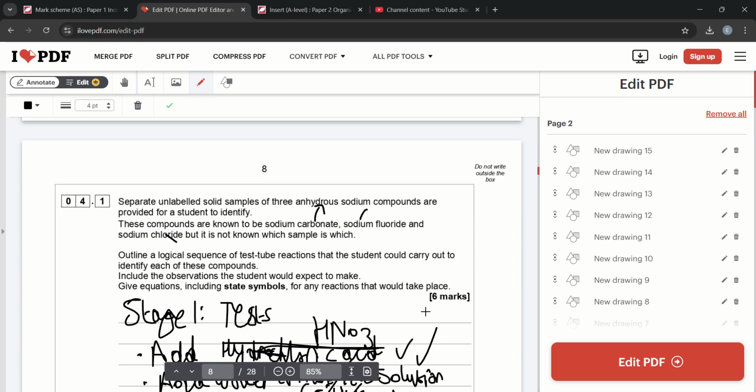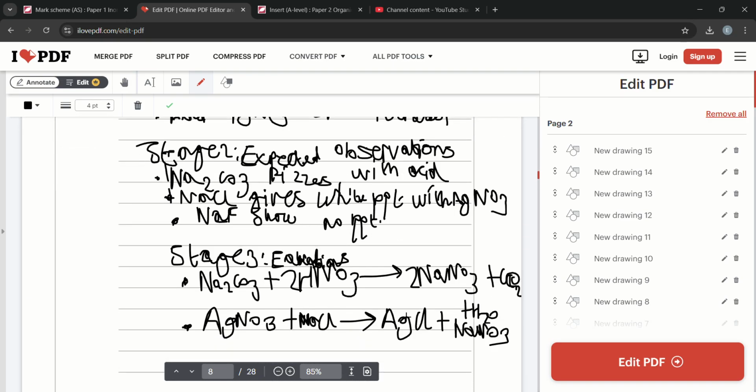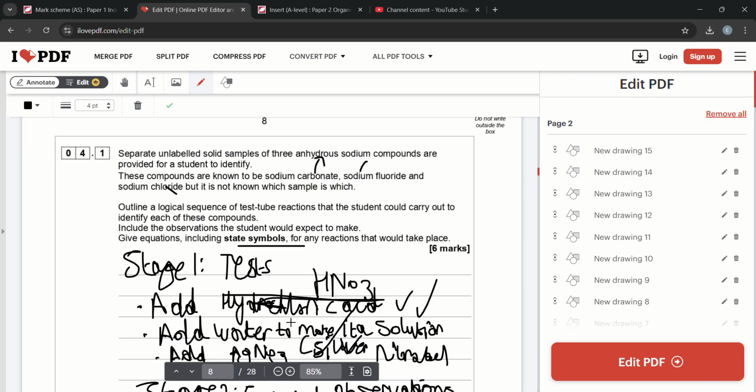And it does say including state symbols, so you should include state symbols, but I'm not going to go through that. You just state which ones are aqueous, which ones are solids, which ones are liquids, etc. But anyway, that is the end of question 4.